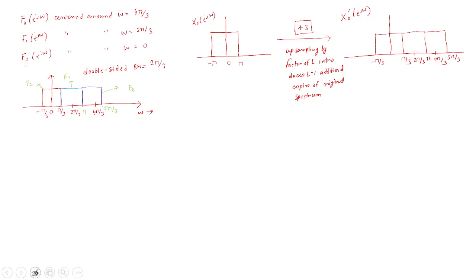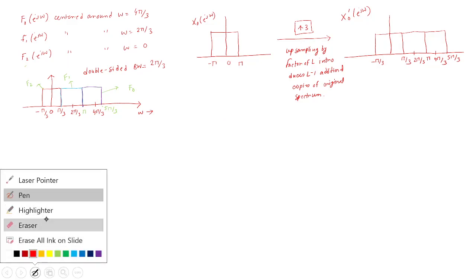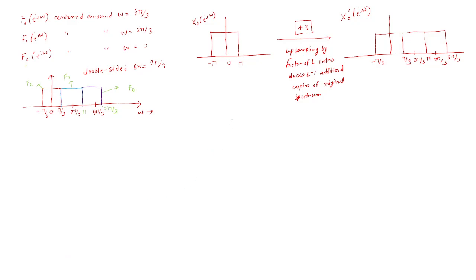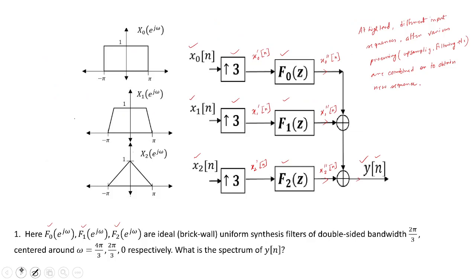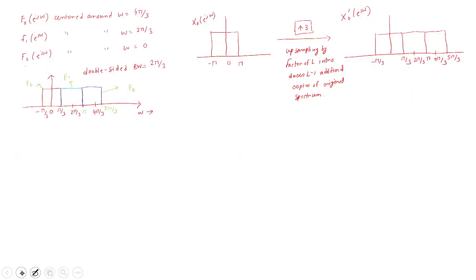Similarly, let us write down the spectrum of x1 and x2 of n also in a different color to make things clear. X1 is trapezium shaped, so let us draw it.